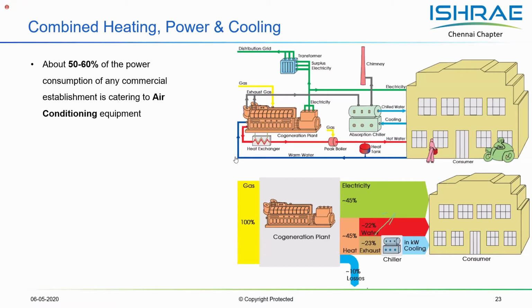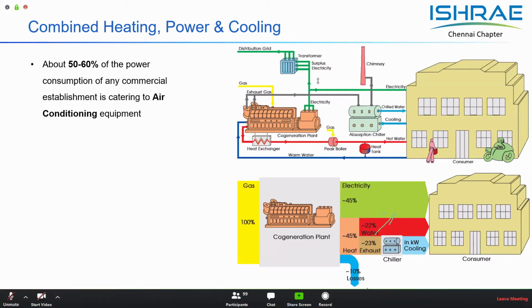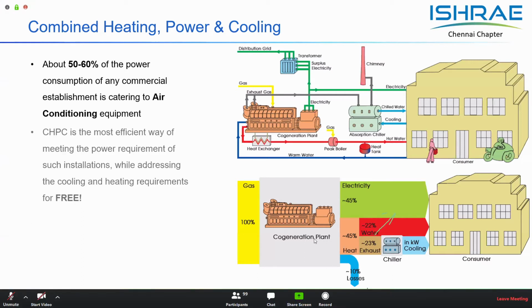That is very high considering conventional fossil fuel based centralized power plants, which have hardly 30 to 40% overall efficiency. Compared to that, this system can be much more efficient and much greener. Okay, so you can meet the cooling and heating demands virtually free of cost.